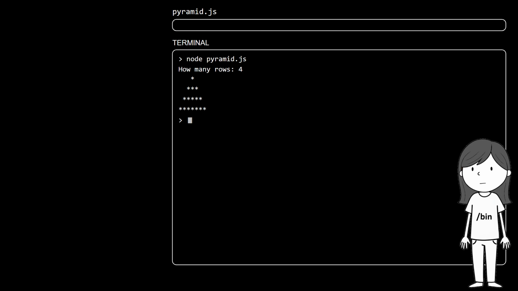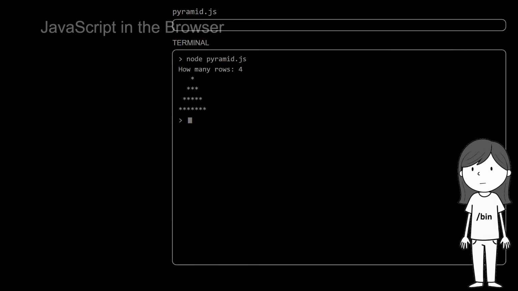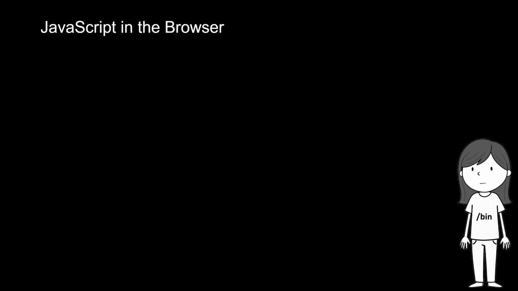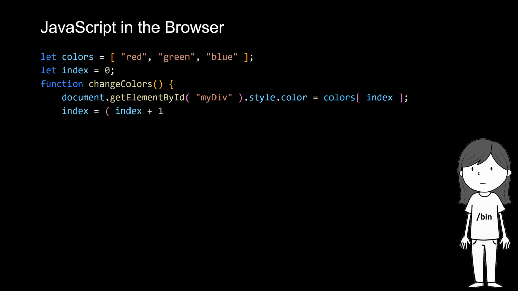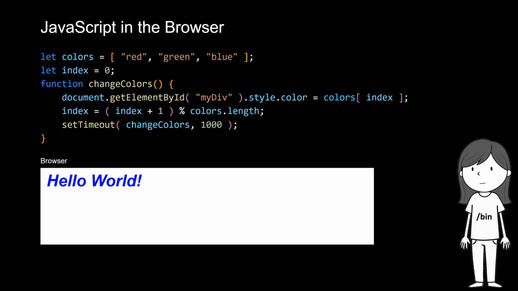There are two types of JavaScript programs, ones that are meant to run in the browser and ones that are meant to run on a command line or terminal interface. In the browser, JavaScript works along with HTML, CSS, and the browser's capabilities to make things happen on a web page. In this example, the HTML, not shown, contributes the text.